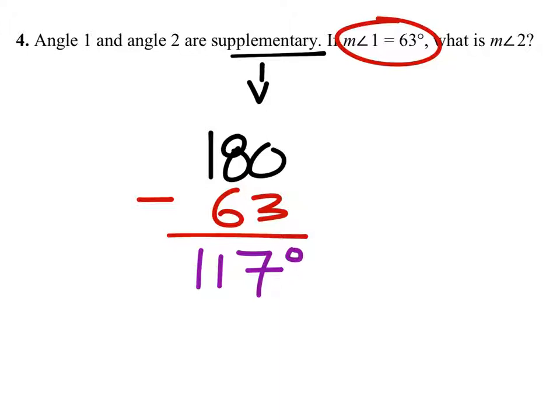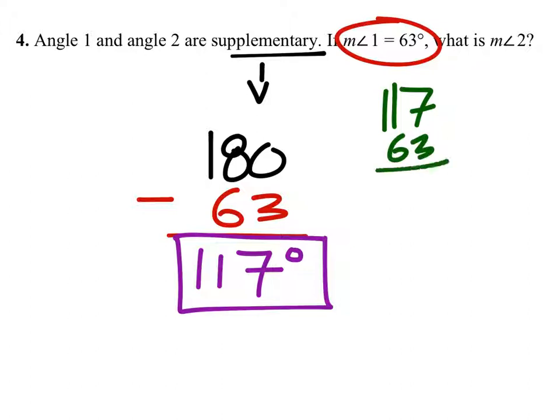Do we need to label this one? Yes, we do. 117 degrees. You could check this by adding 117 to 63. The reason you'd want to do that is to make sure it's 180, and it is, so it checks off. I could write that in there if I wanted to. We're just looking for the answer though, so it's not necessary that you do.